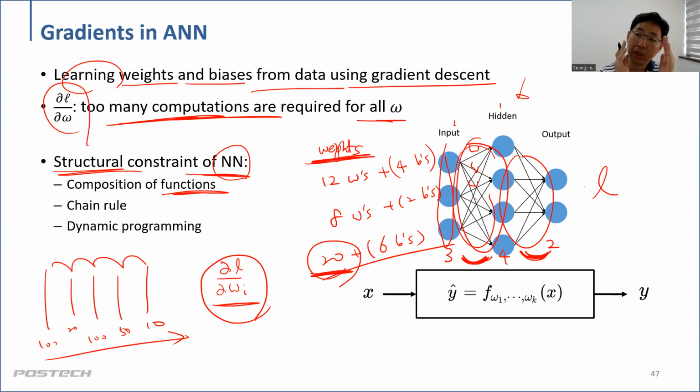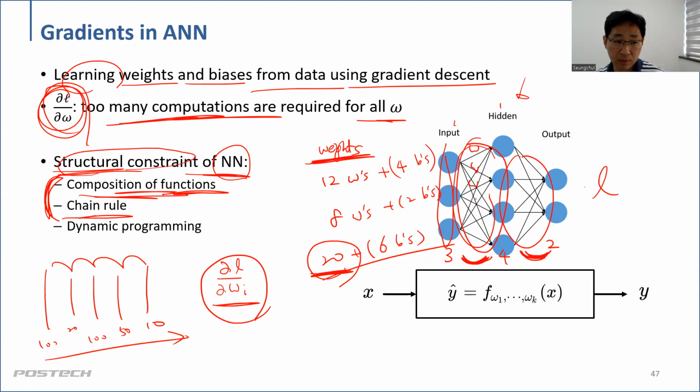Because we have multi-layer MLP, right? And for derivatives, since you have a composition of functions, we can apply chain rules. Chain rules. Those characteristics come from the structure constraint.